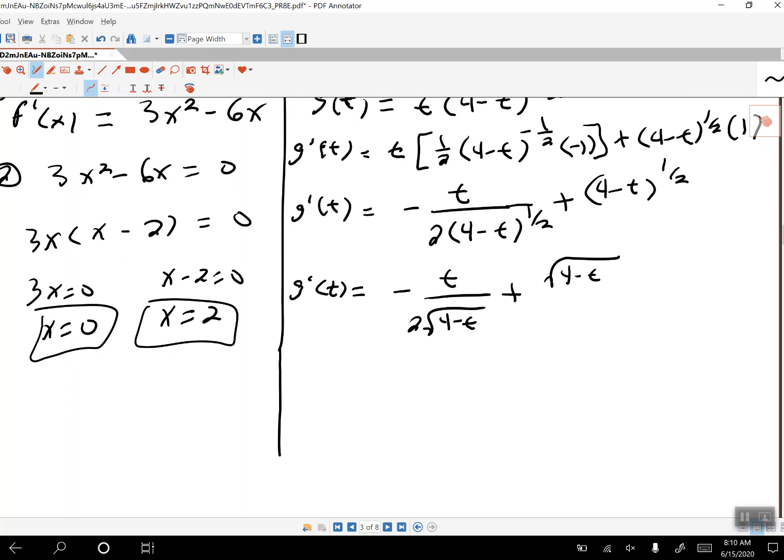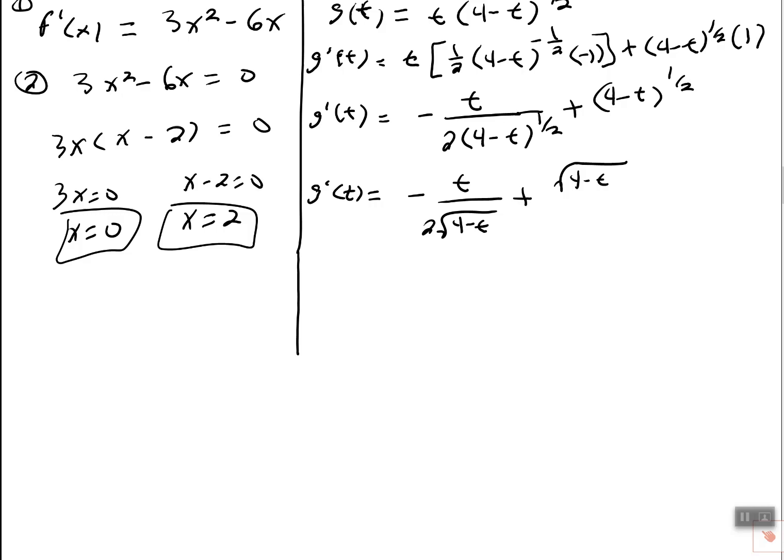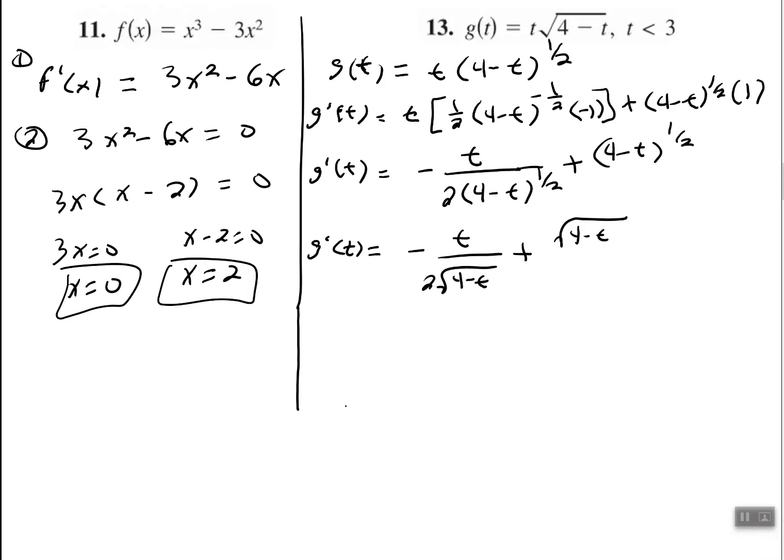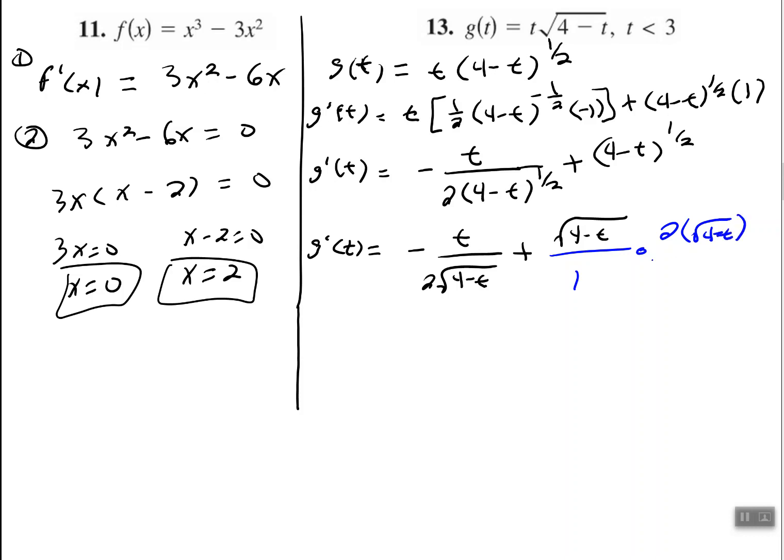Let's see if we can go ahead and get this combined into one fraction to clean it up a little bit more. So let's get a common denominator. And I'm sorry I didn't go back widescreen up for us. Let's get a common denominator of 2 times the square root of 4 minus t. So let's come over here and multiply times 2 times the square root of 4 minus t over 2 times the square root of 4 minus t.